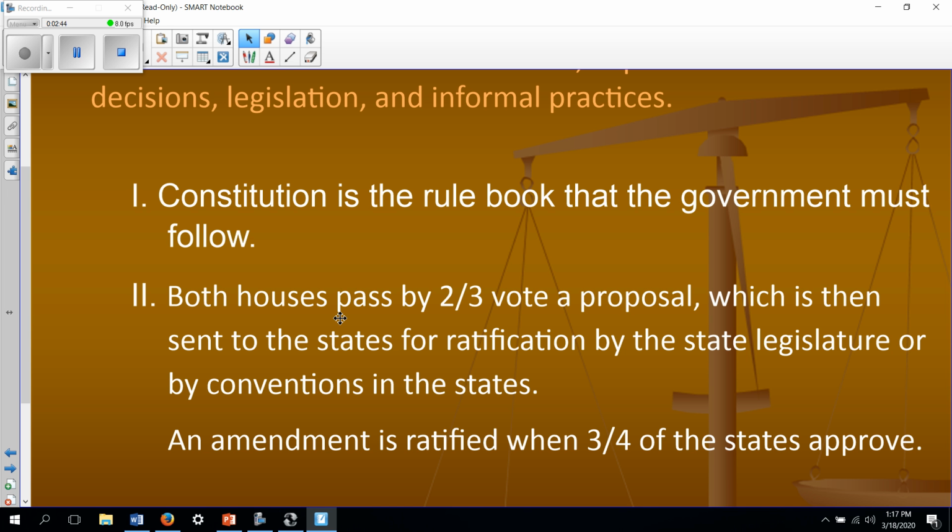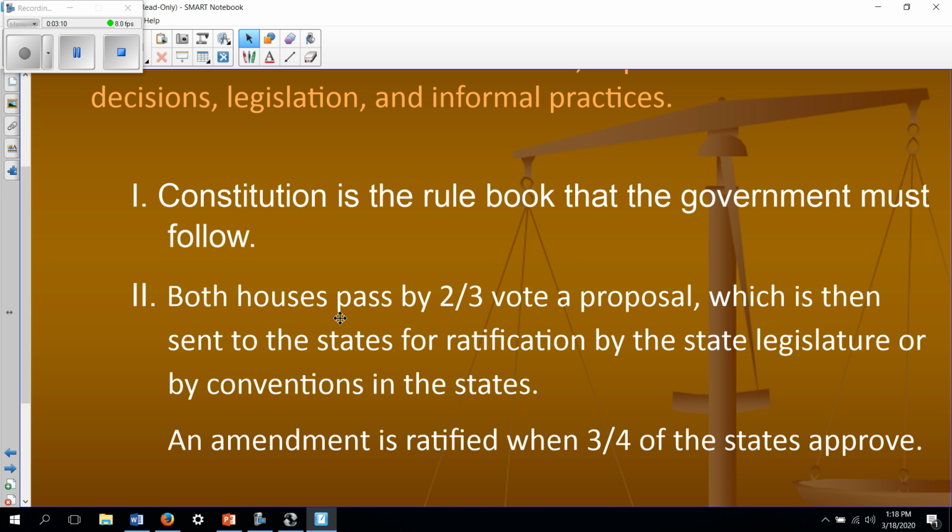Now, many of you, when I did these originally, thought that ratification had to be only 9 states. Well, 9 states was for the ratification of the Constitution. But now we're talking about amendments. Both houses must pass a proposal by 2/3 vote, which is then sent to the states for ratification by the state legislature or by convention in the states.